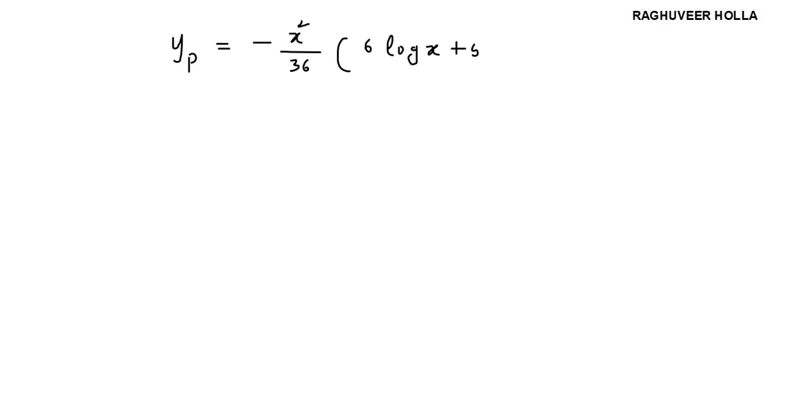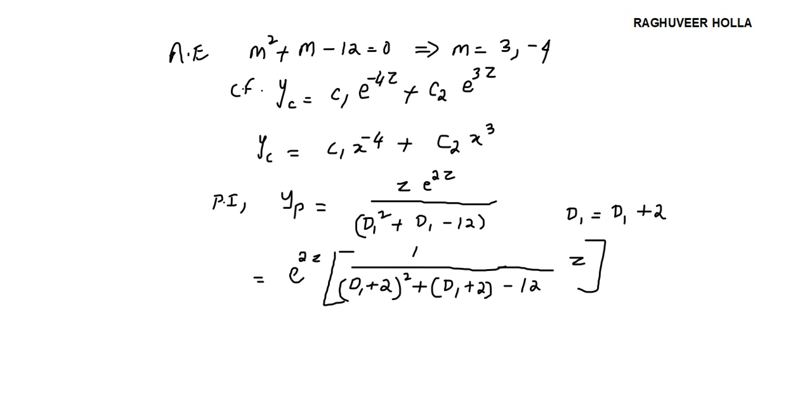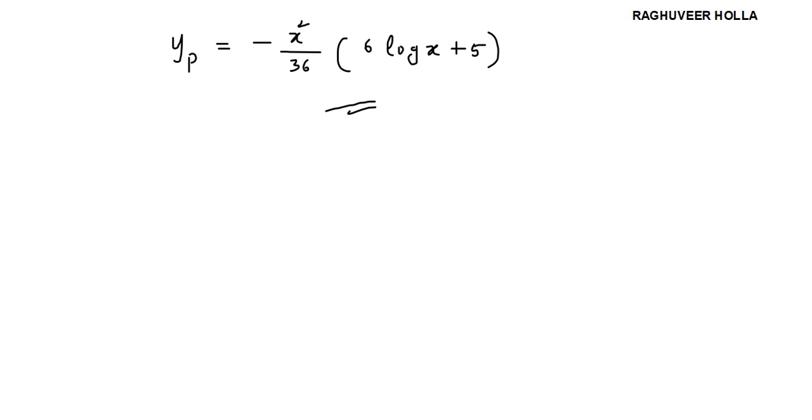So this is your yp. Yc we have already calculated. This is your yc. Let us put that and you get the total solution, that is y is equal to yc plus yp. Okay, let us see the next problem.